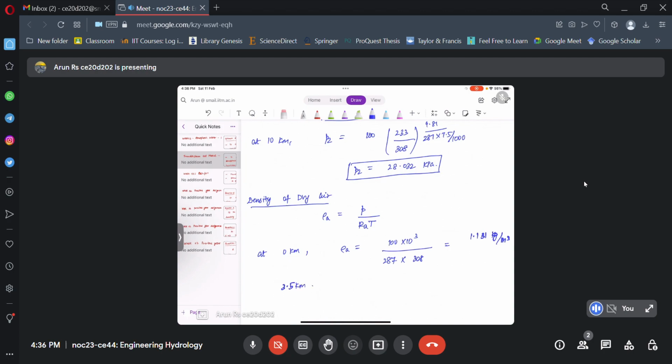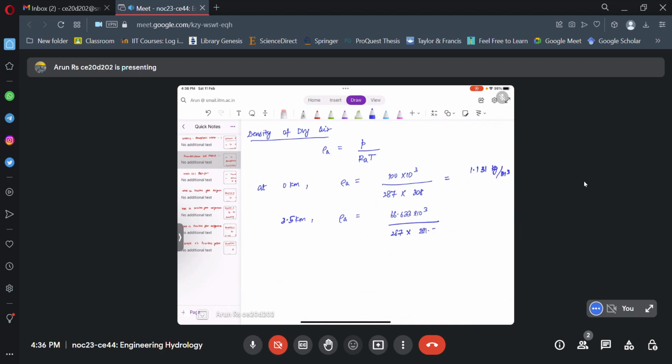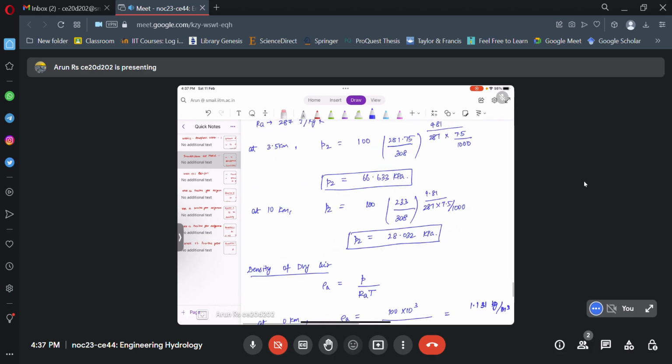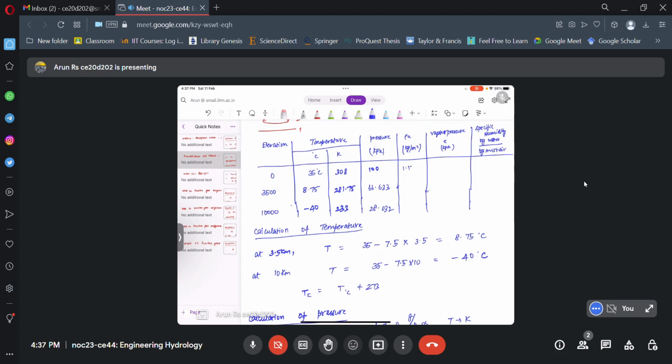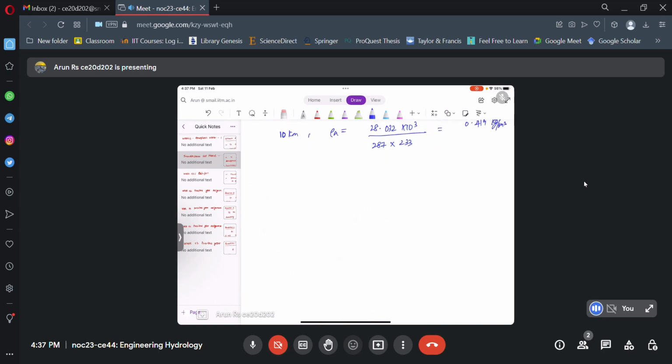Then similarly at 3.5 kilometers, then again at 10 kilometers, so we have calculated the density of dry air.